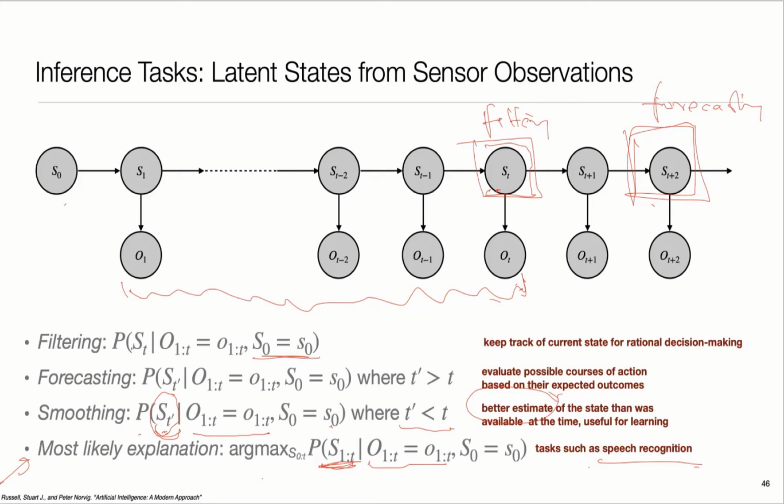The issue here is the following: if I'm looking at the most likely state independently, then let's just consider a pair S2 and S3. It could be that the most likely value of S2 is, let's say, 10, and the second most likely value is 9.